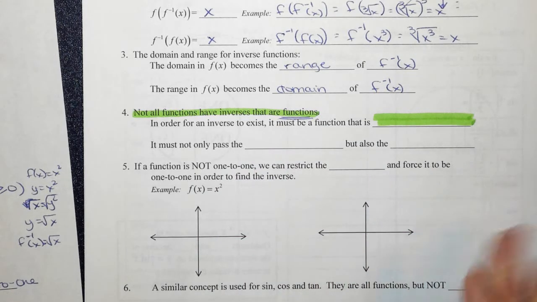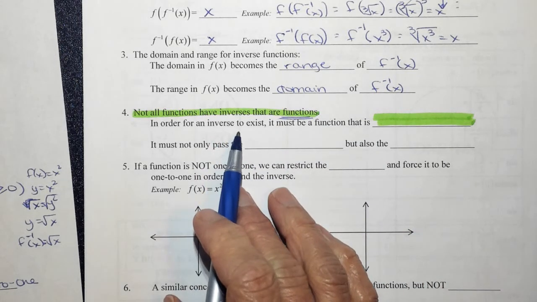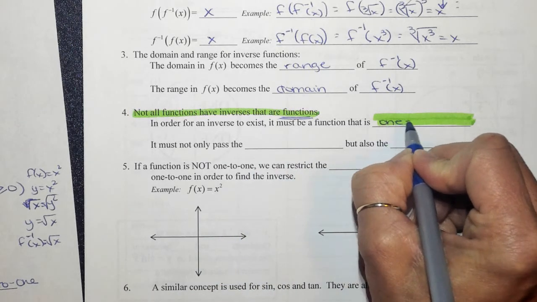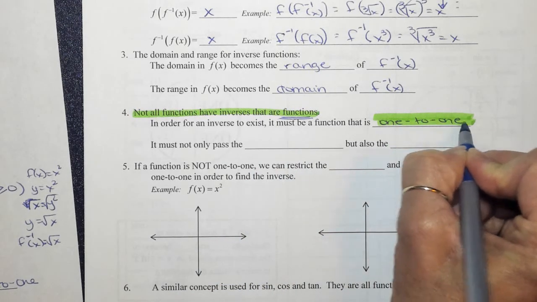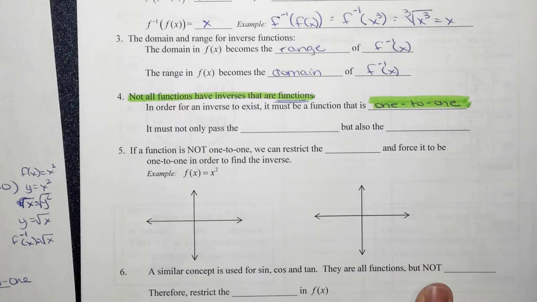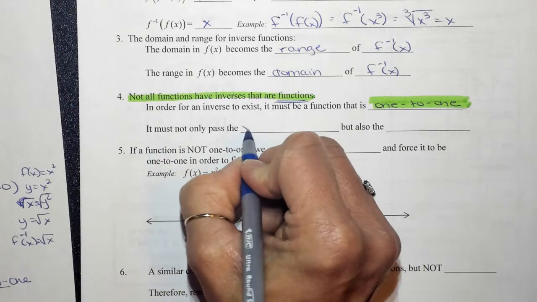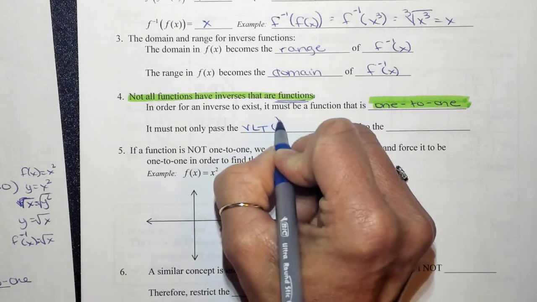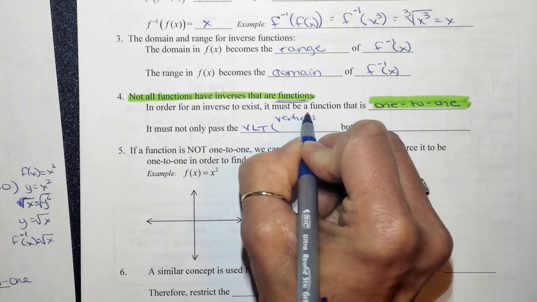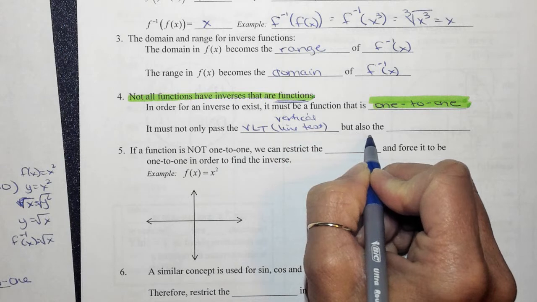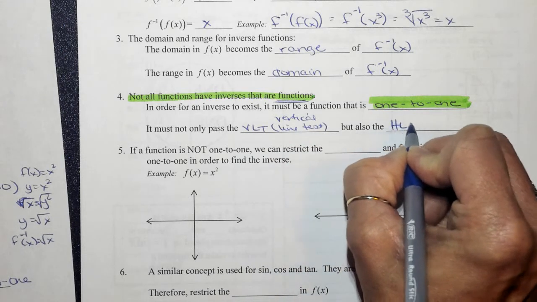Okay? In order for an inverse to exist, it must be a function that is considered 1 to 1. Now you may or may not have covered this in Algebra 2 Honors. Okay? So not only must it pass the vertical line test, but it must also pass the horizontal line test.